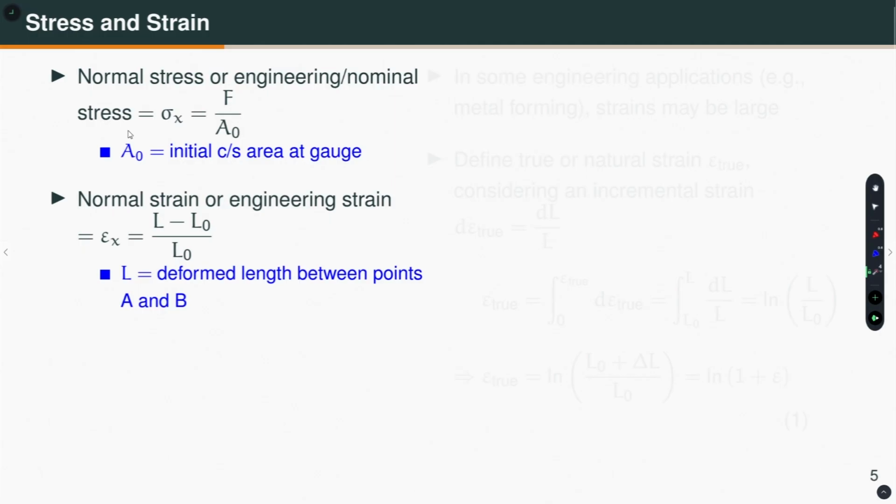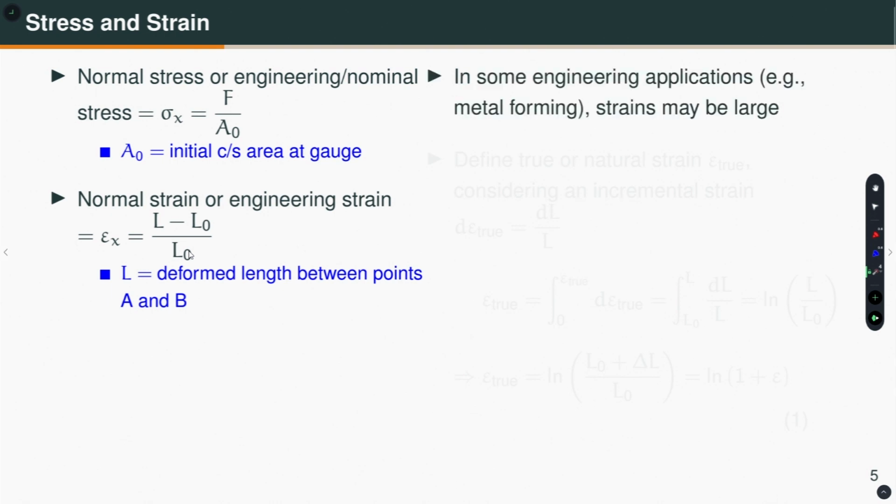And we define the normal strain, or the engineering strain, epsilon x, because my x axis was vertical, that means along the length of the specimen. Epsilon x is L minus L0, where L is the deformed length and L0 is the original length, divided by L0. That is my strain. So, we can plot the stress versus strain instead of the force versus deformation.